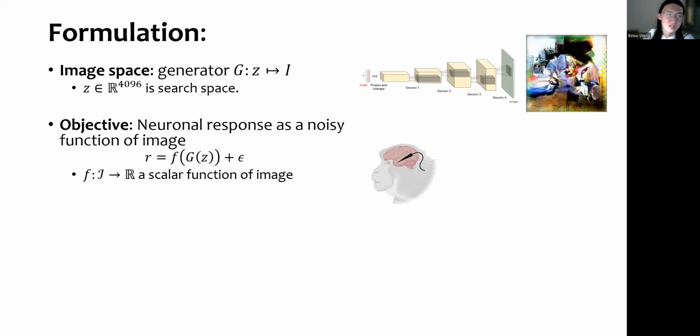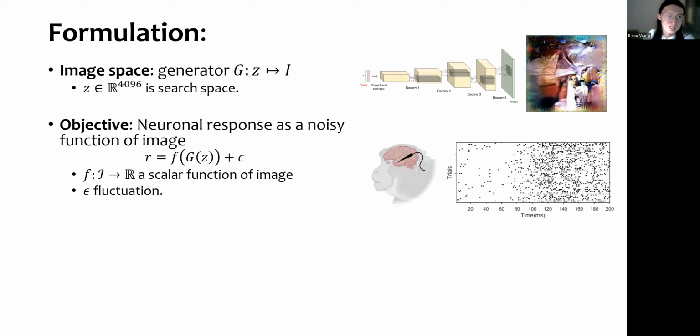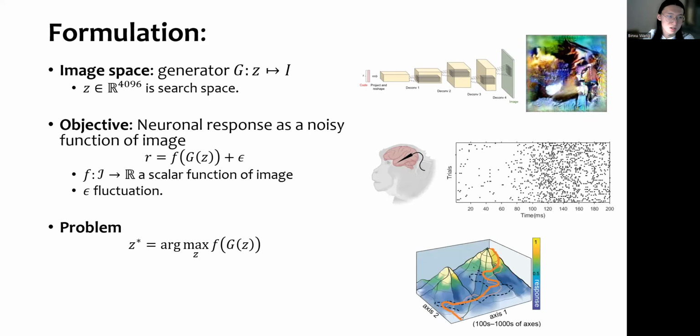We denote F as a scalar function of the image, the mean response, and epsilon is a fluctuation. As we know, neuronal responses could be different from trial to trial. And our problem is to find the maximum of function F over the manifold parameterized by the generator G.